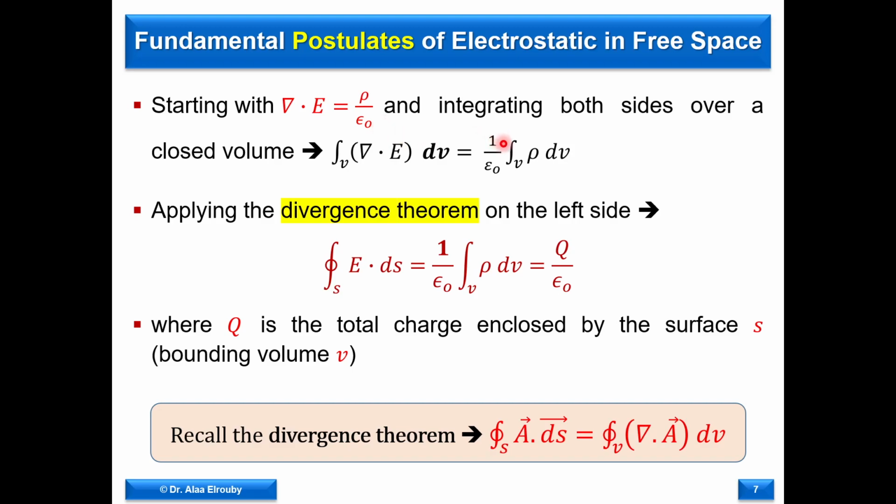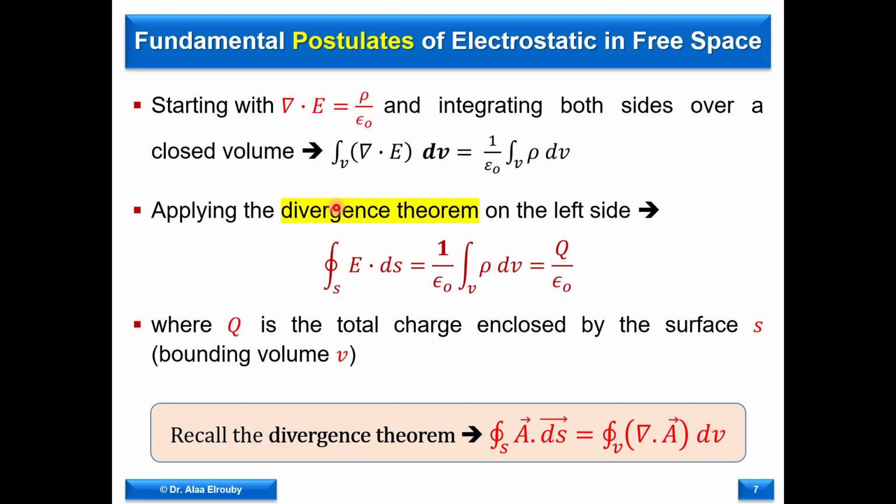Epsilon naught is a constant, so it goes out of the integration. Rho dV, where rho is the volumetric charge density, integrated over any volume, logically and physically is the total charge enclosed in this volume.